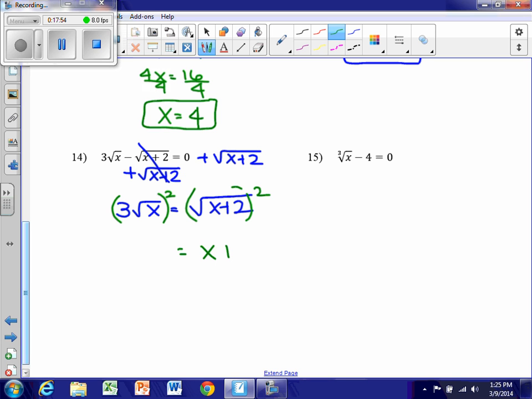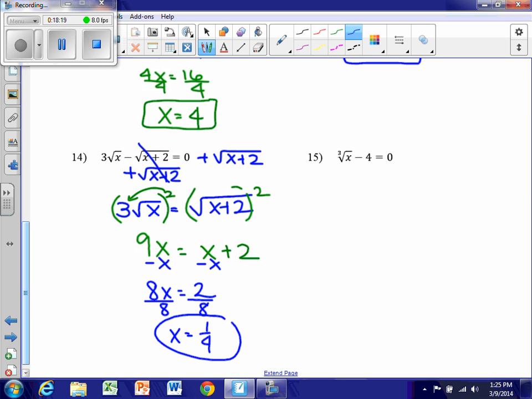That gets rid of the square root on both sides, but don't forget that means you actually have to square the 3 because it was not under the square root. And to finish, I'm going to get my x's together. That gives me 8x equals 2. And then I have to divide by the 8. And hopefully you know that that's the fraction 1/4.